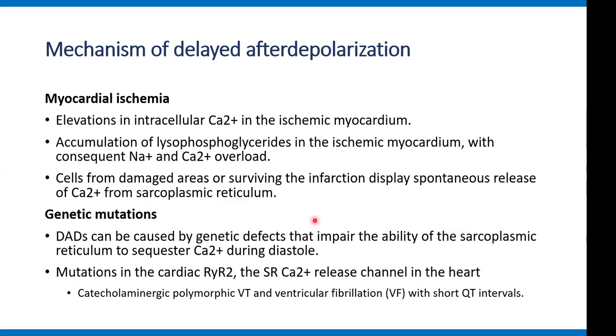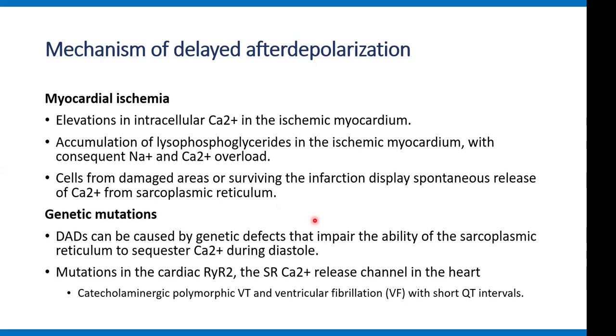Myocardial ischemia, I mentioned, also does that, and that is because of a defect in metabolism. Once there's myocardial ischemia, decreased ATP affects the sodium potassium pump, and that can also affect the sodium calcium exchanger, leading to calcium overload.